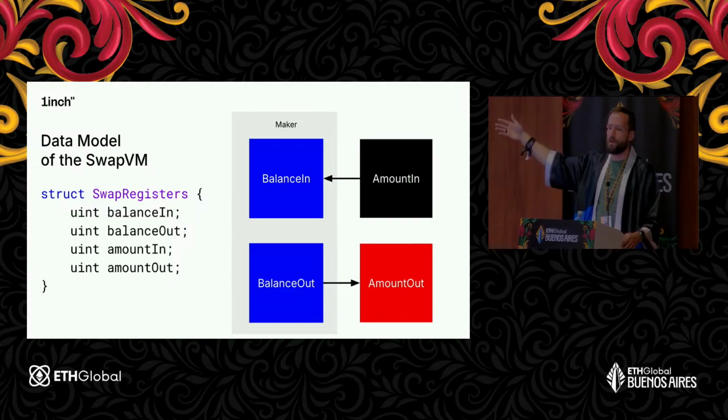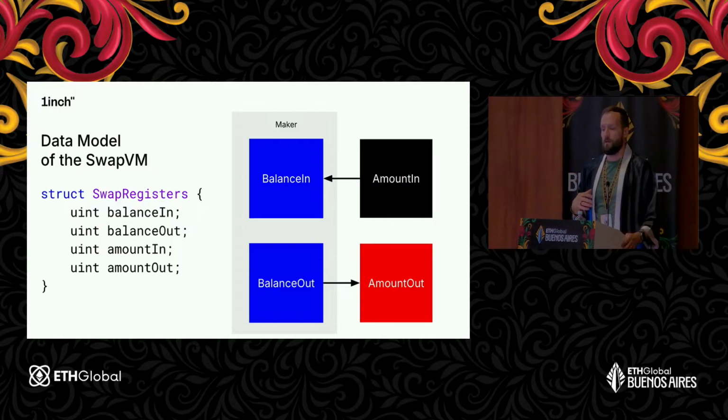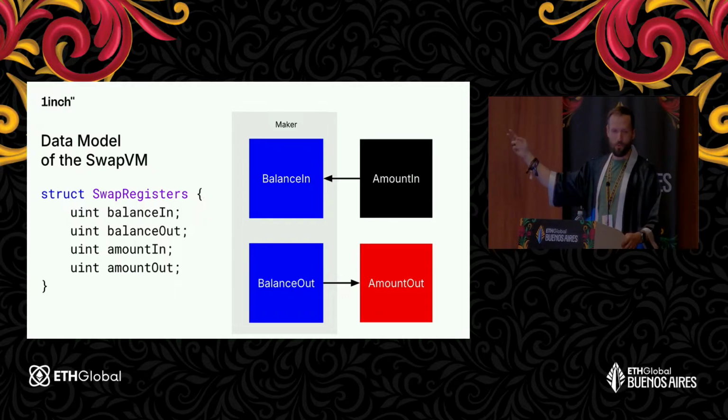The taker could either define the amount they're willing to spend or the amount they're willing to get. And the whole idea of instructions is to finally compute the missing amount. When both amounts are computed, they will be non-zero. This means that this is something that should happen. So those instructions only take care of computing the missing amount.